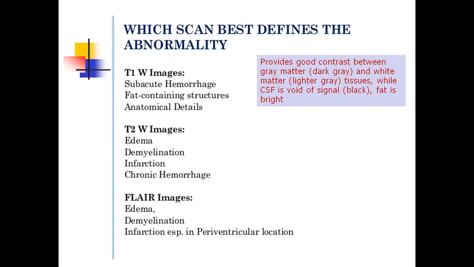Because T1 weighted images provide good contrast between gray matter in dark gray colors and white matter, which appears lighter gray, while cerebrospinal fluid is void of signal and remains black, and fat is bright.